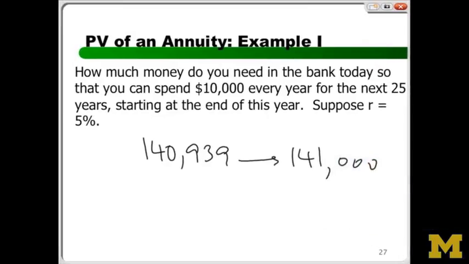If I spend $10,000 every year and the interest rate was 0, right? How many times will I spend 10,000? 25 times 10 is 250,000, right? So the number that I'm going to put in the bank is nowhere close to 250. It's off by at least 110 approximately.